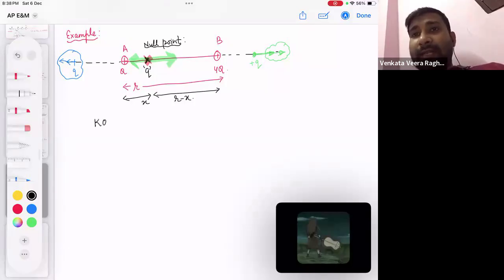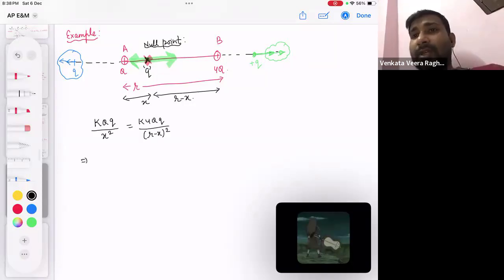So tell me, what is the force applied by charge A? Force applied by the charge A is K capital Q small q by x square. And that must be balanced by the force applied by the charge B, so K 4Q q by (R minus x) square. Now simplify it.